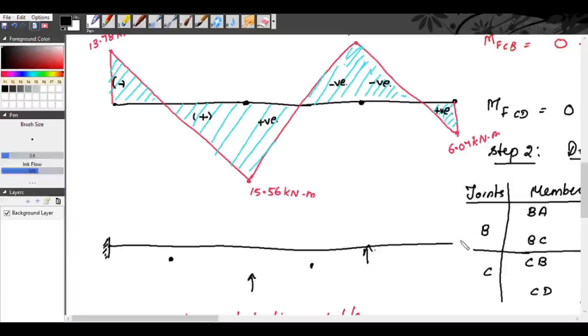A, B, C and D. So now at this point you have a contraflexion. So our deflection diagram becomes like this.